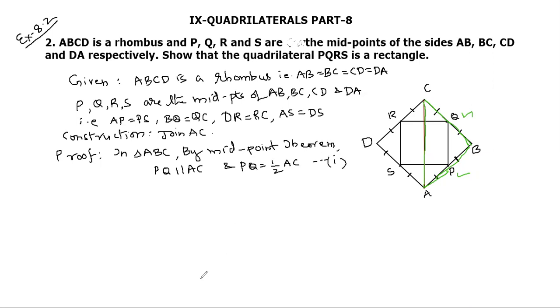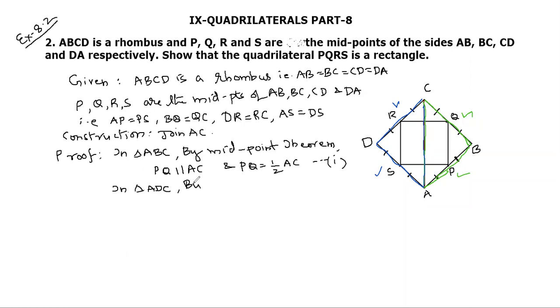Now similarly, we will go to the other triangle, this one. In this triangle again, S and R are the midpoints. So this line is parallel to AC and half of it, by the midpoint theorem again. Where are we applying this midpoint theorem? In triangle ADC.